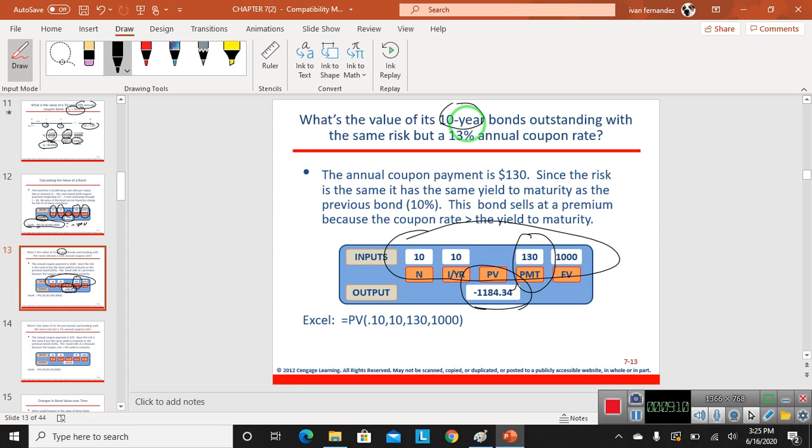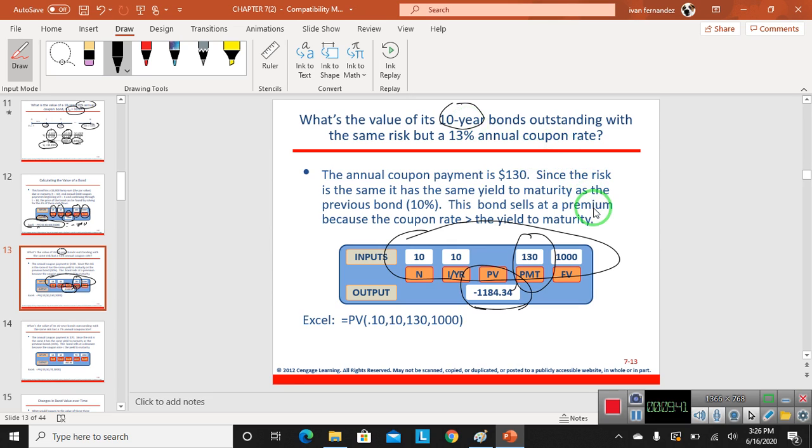Investors are requiring 10% return, but you're getting 13%. So in order for you to obtain this bond that obviously pays more than what the market is asking for, the market is asking 10%, this bond is paying 13%. For you to get this bond, you're going to have to pay more than the face value. You have to bid it up. And 1,184 is the appropriate price for this bond.